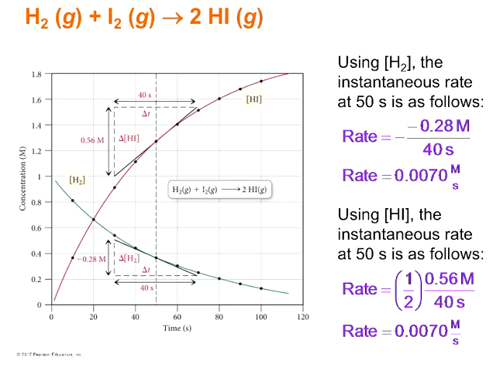So let's look at a graph of the change in concentration for a reactant and the change in concentration for a product. And again, we're looking at the reaction between hydrogen and iodine, which is producing hydroiodic acid. So down below on this graph, it looks a little complex, but we'll step through it. You'll notice that we have concentration on the y-axis, and that's in moles per liter. And then we have time on the x-axis in seconds.